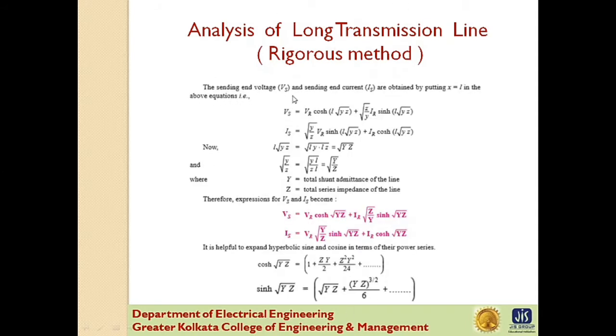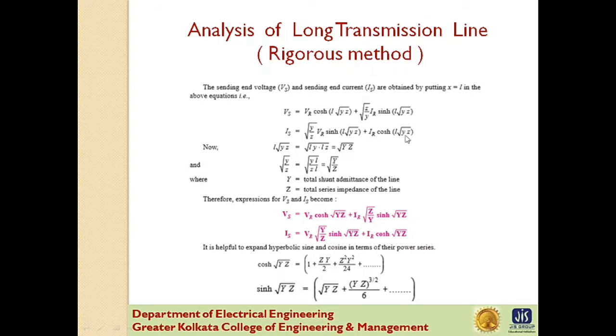Now the sending end voltage and sending end current are obtained by putting x equals L, V becomes Vs and I becomes Is, and put the value of k1 and k2. So we get the expression of Vs and Is.